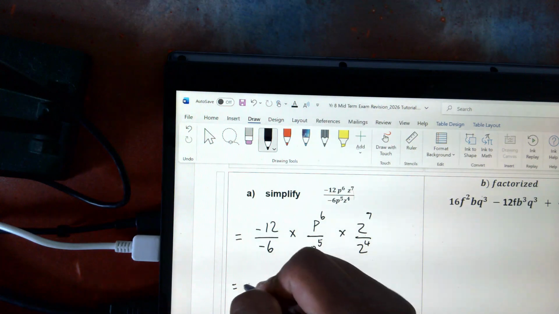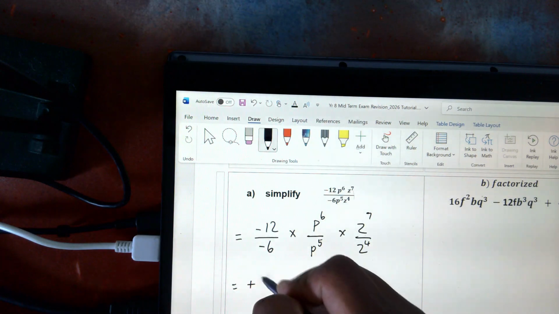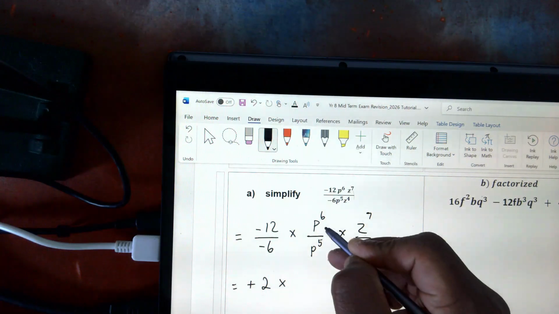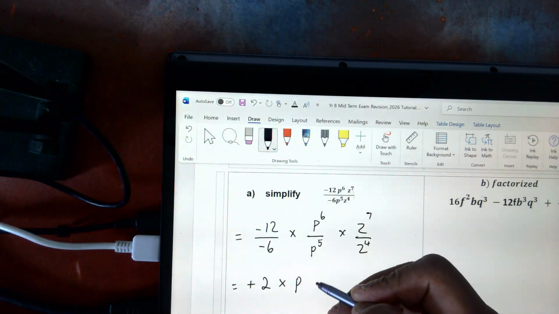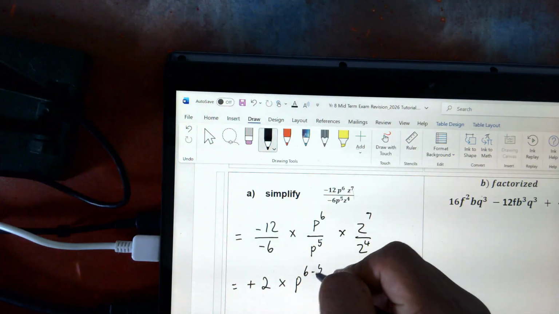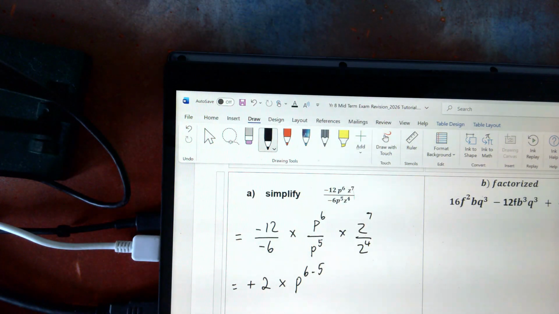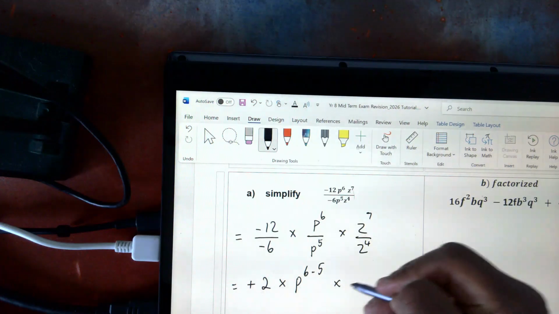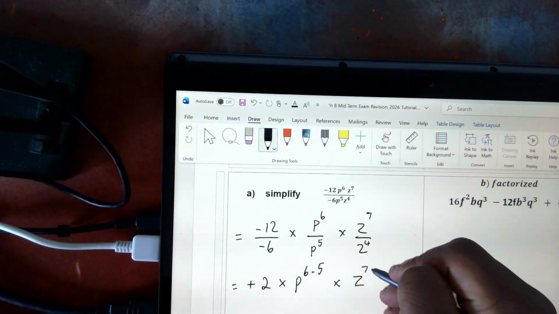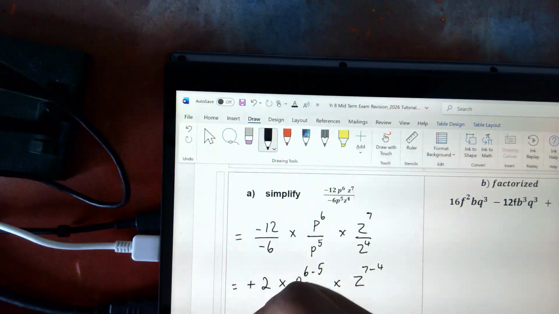Negative divided by negative is a positive. 12 divided by 6 is 2, times, well, when we're dividing, we're going to take our powers away. So that's going to be P to the 6 take 5 times, again, Z to the 7 take 4.